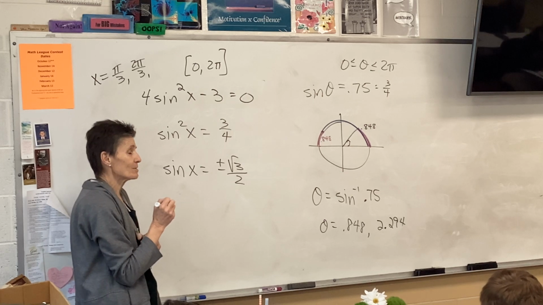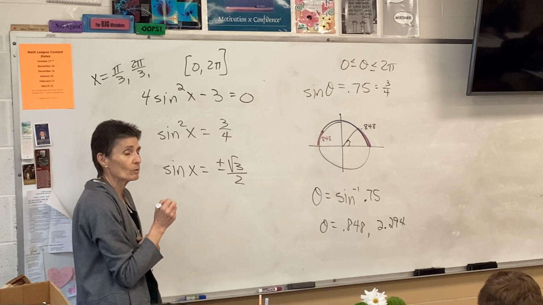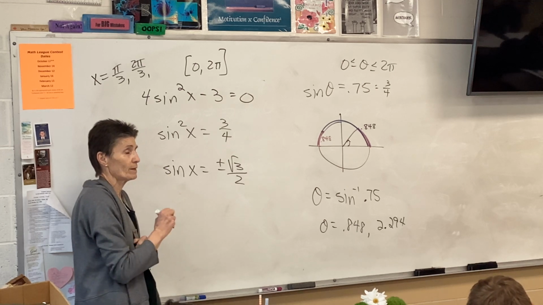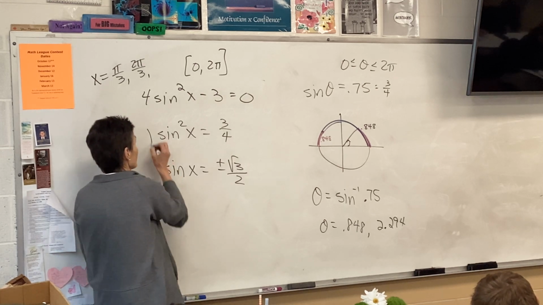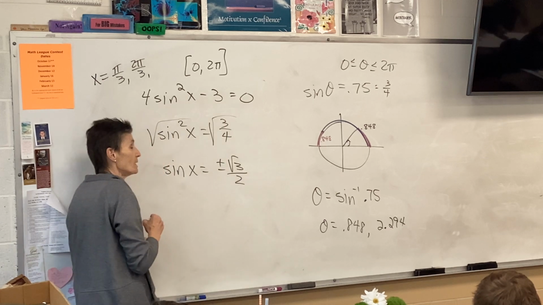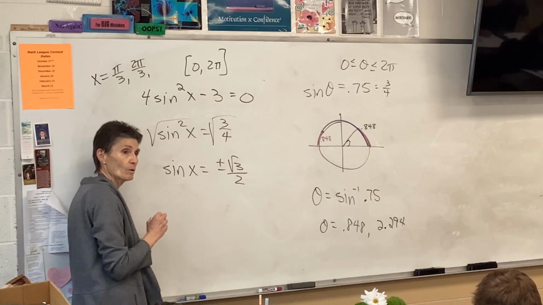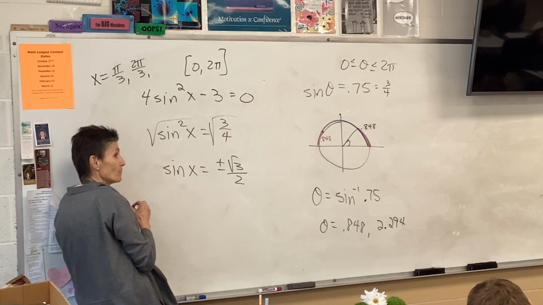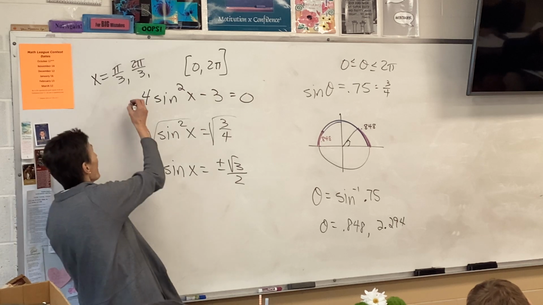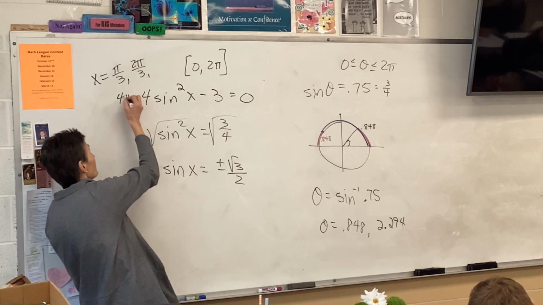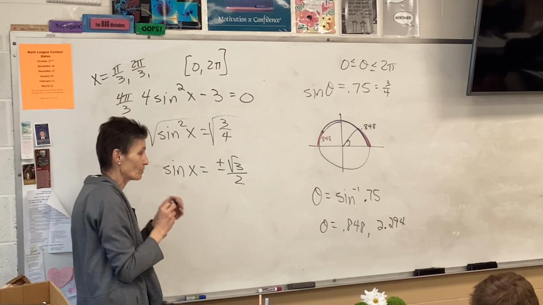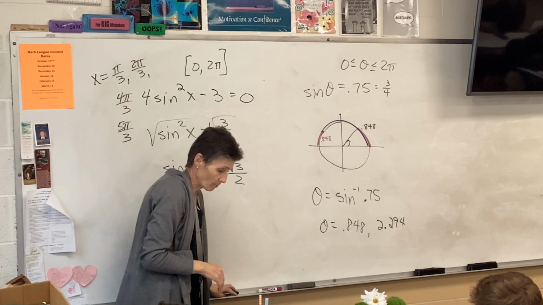And not just in trigonometry, but every equation you ever solve in your life. If you are physically putting in the square root, then you've got to put plus or minus. Okay? So I am totally with you on those two, but I think you should also have 4 pi over 3 and 5 pi over 3. All the pi over 3s should be your answer.